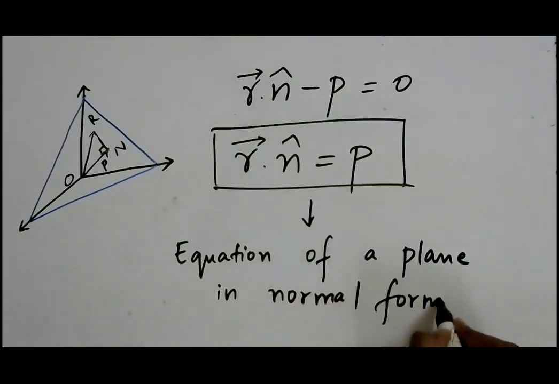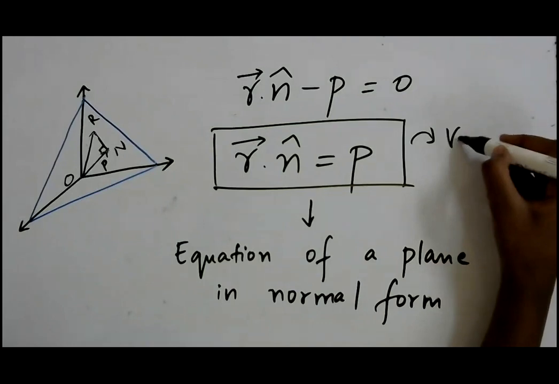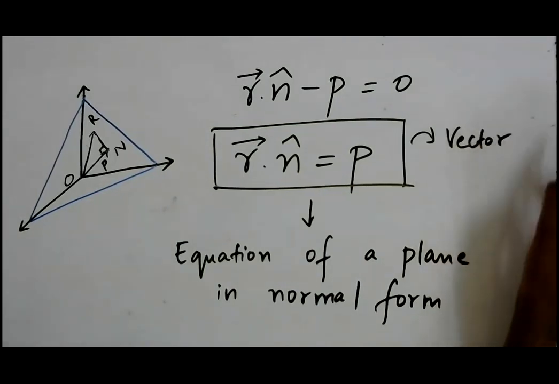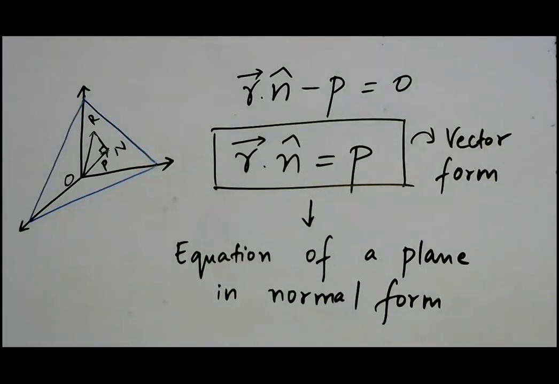Since this is involving vectors, this is the equation of a plane in normal form in terms of vectors. So this is the vector form. Obviously there is a Cartesian form also, which we'll be doing next. So r vector dot n cap vector is equal to p is the vector form of the equation of a plane in normal form.